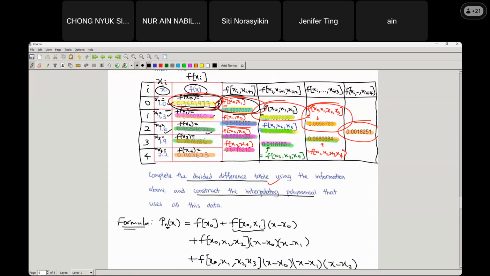For example, in this case, the difference between x0 and x1 is 0.3. The difference between x2 and x1 is also 0.3. The difference between x3 and x2 is also 0.3, and the difference between x4 and x3 is also 0.3. So this means that this is equal spacing.